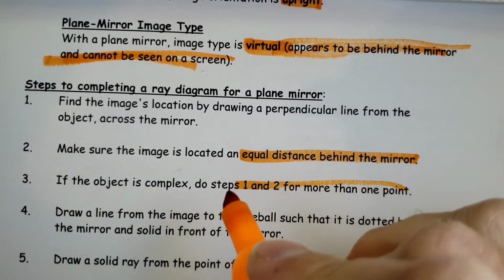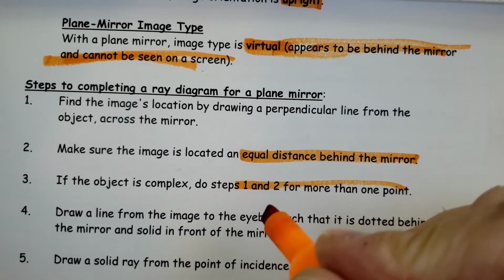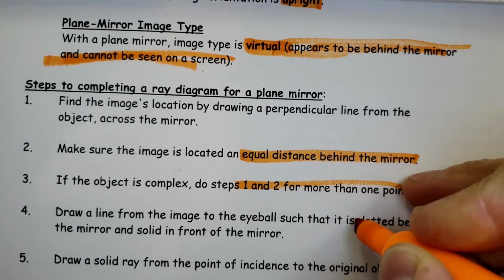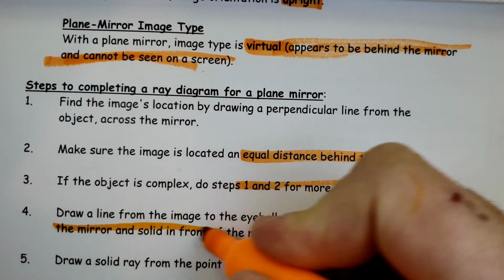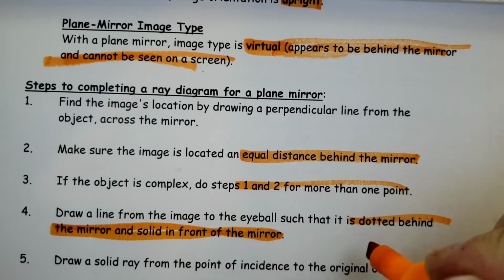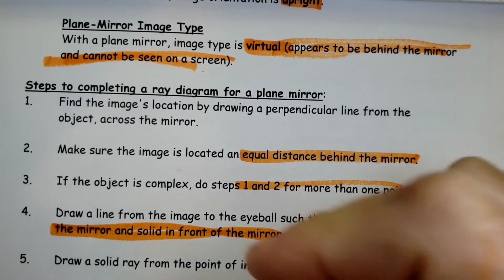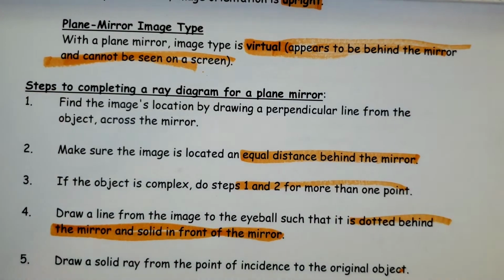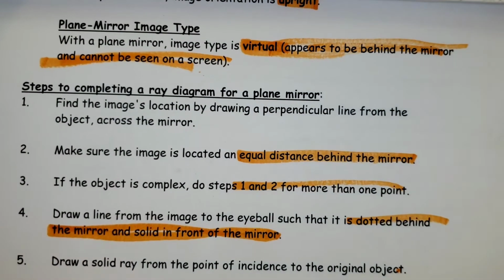In the examples, I think I do that with one of them. Draw a line from the image to the eyeball, such that it is a dotted line behind the mirror and solid in front. Draw a solid ray from the point of incidence to the object. Add arrowheads to represent the real path, and then if we have more points, repeat that.